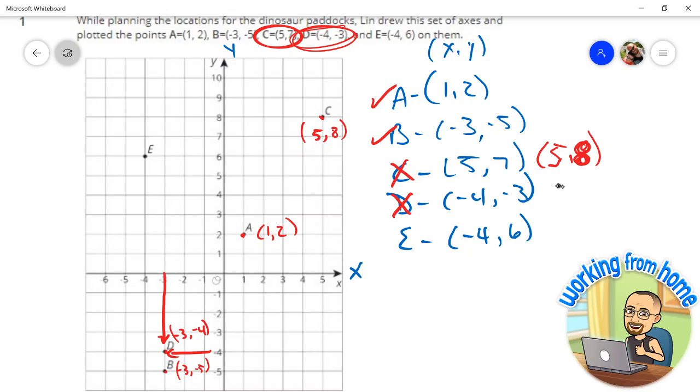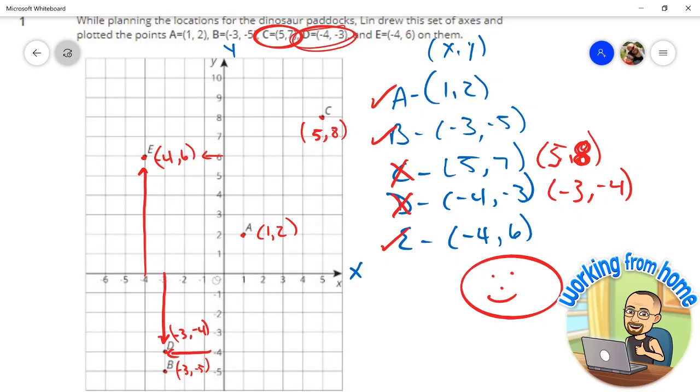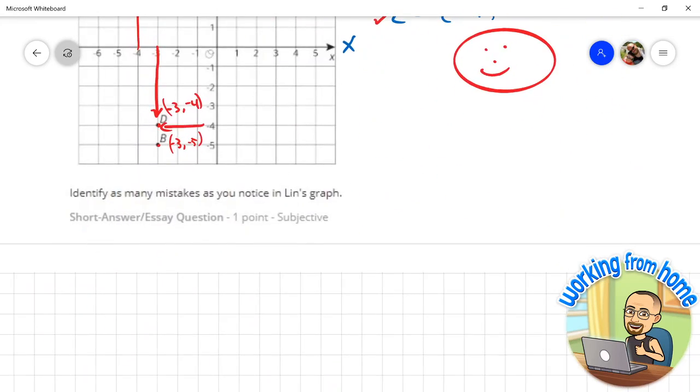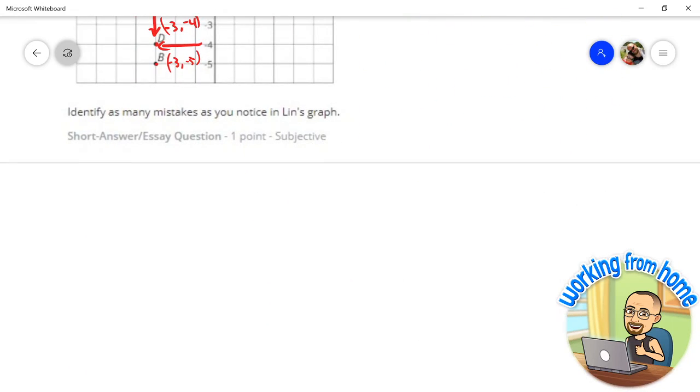That one is wrong. -3, -4. And then E. E is, let's see, that's -4, 6. -4, 6. It's all good. Okay. And that, ladies and gentlemen, except for the Desmos, is it. Good luck.